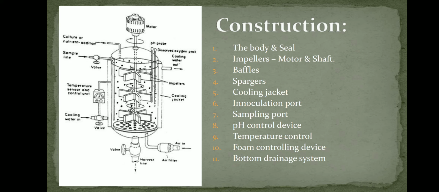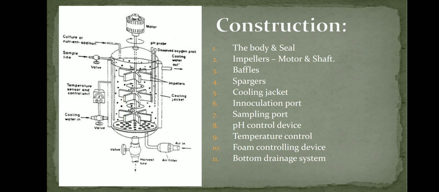Aeration is usually accomplished through a sparger system. A sparger may be defined as a device for introducing sterile air into the medium inside a fermenter tank. To promote aeration in a stirred tank, the sparger is usually located directly below the agitator.